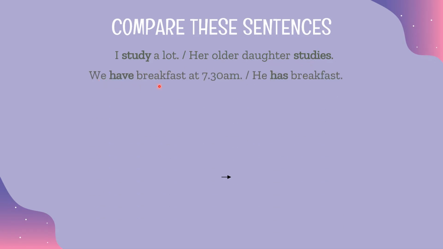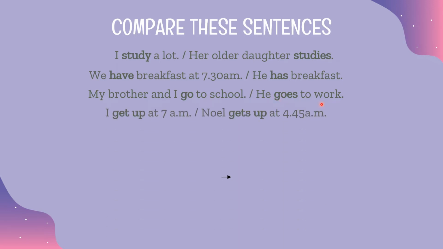We have breakfast at 7:30 a.m. He has breakfast. My brother and I go to school. He goes to work. I get up at 7 a.m. Noel gets up at 4:45 a.m.